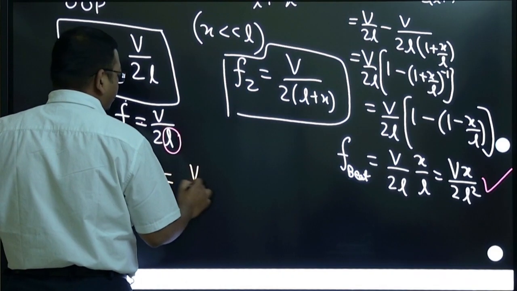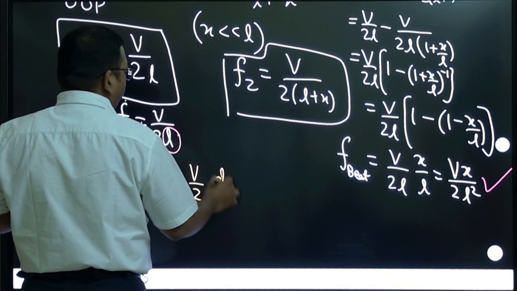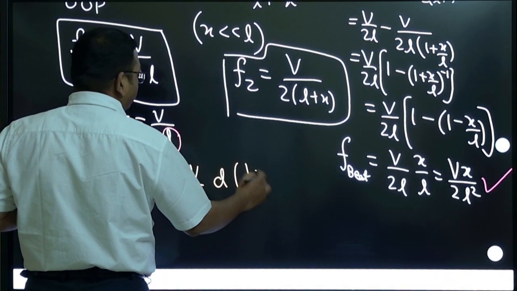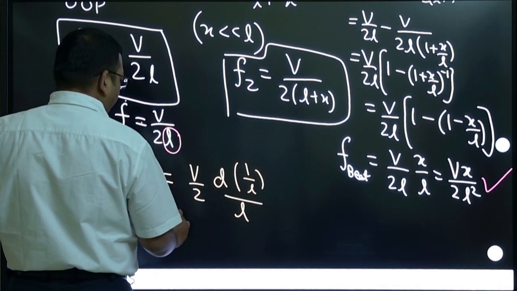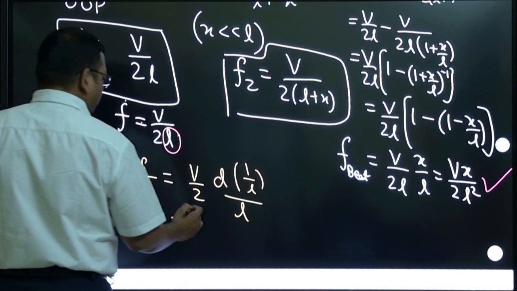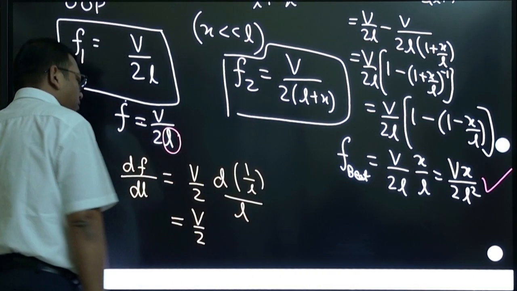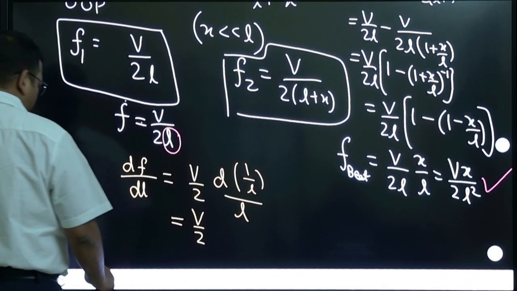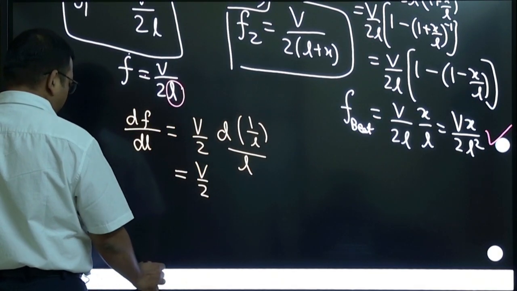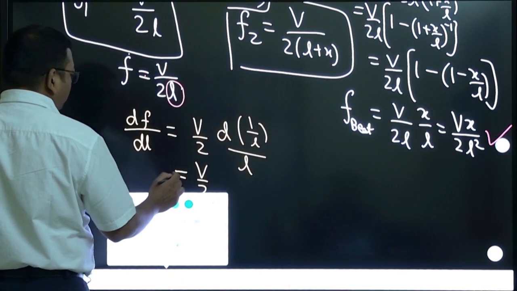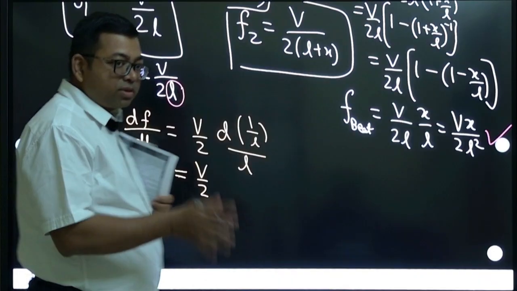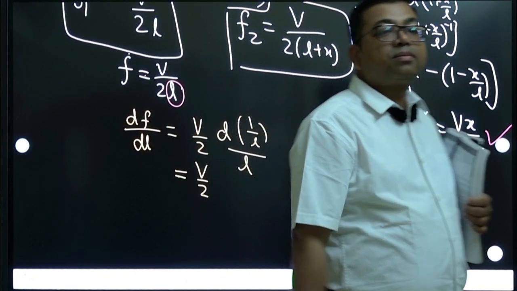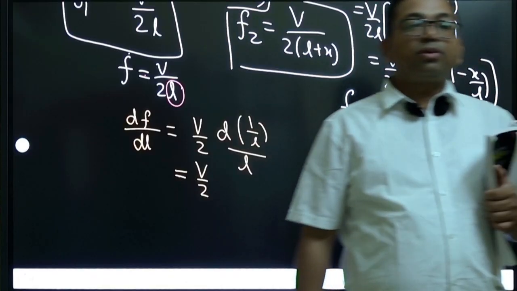Because v by 2 is a constant, it will come out. So you have to differentiate 1 by l with respect to l. What will you get? What is the differentiation of 1 by x with respect to x? You should know this.